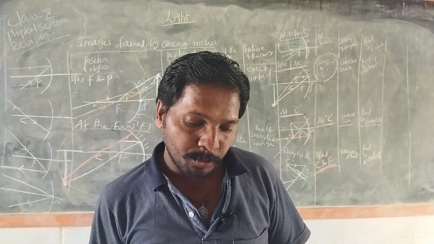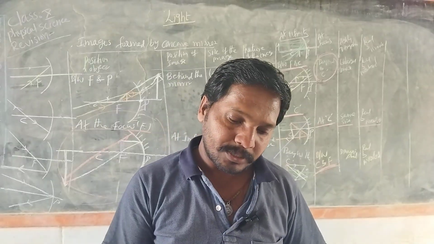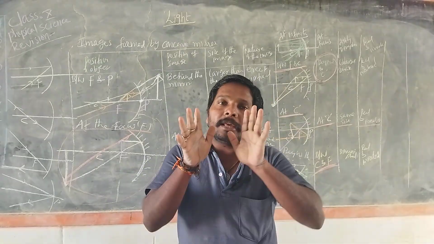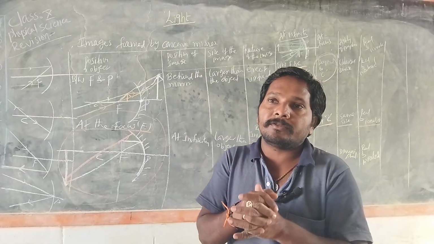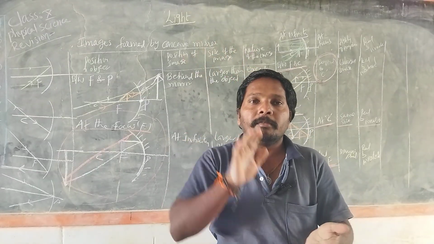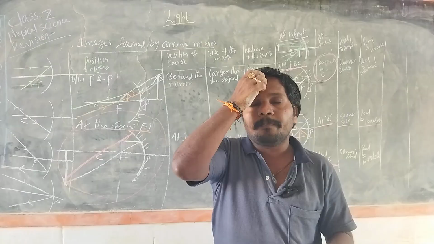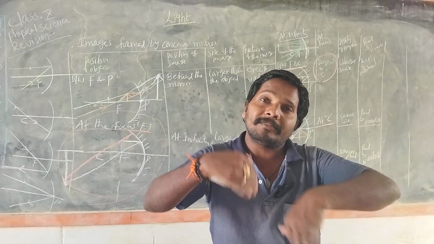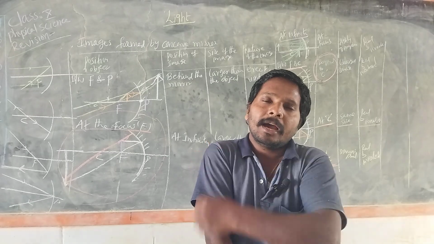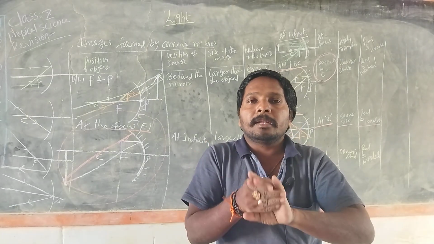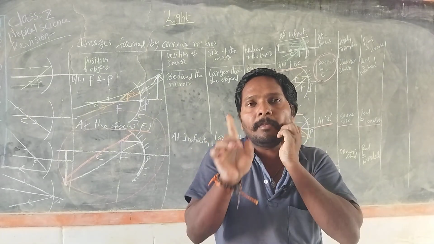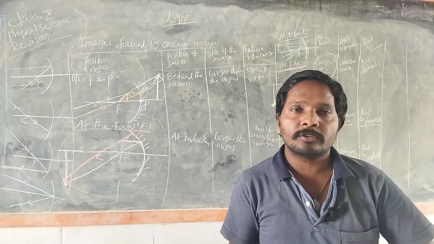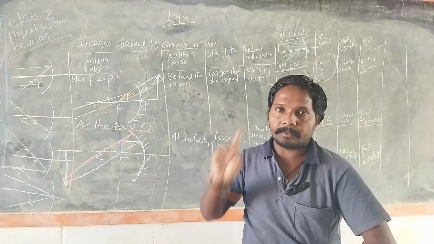The magnification produced by the plane mirror is plus 1. What does it mean? Magnification means the ratio of image distance to object distance, or we can say height of the image by height of the object. Plane mirrors always form the same size of image as the size of the object, so its magnification is plus 1.